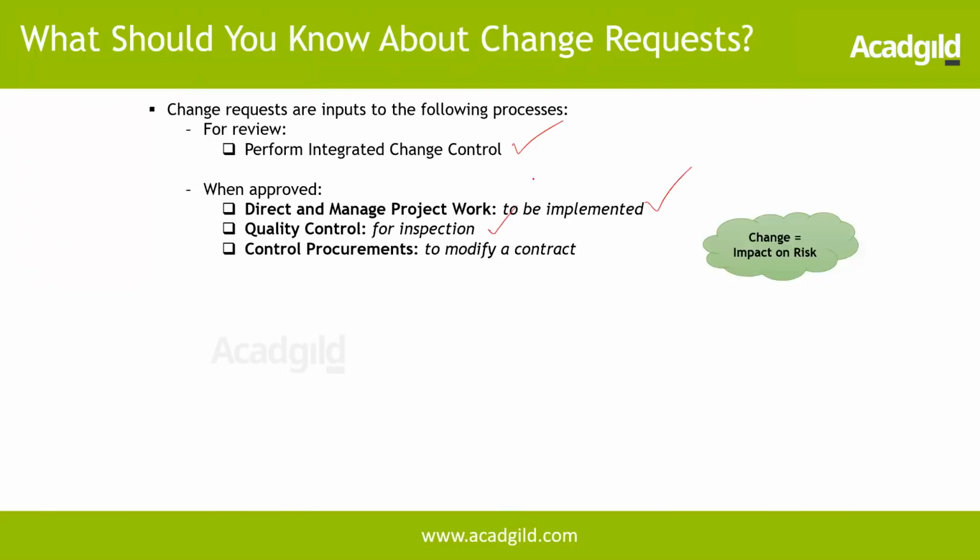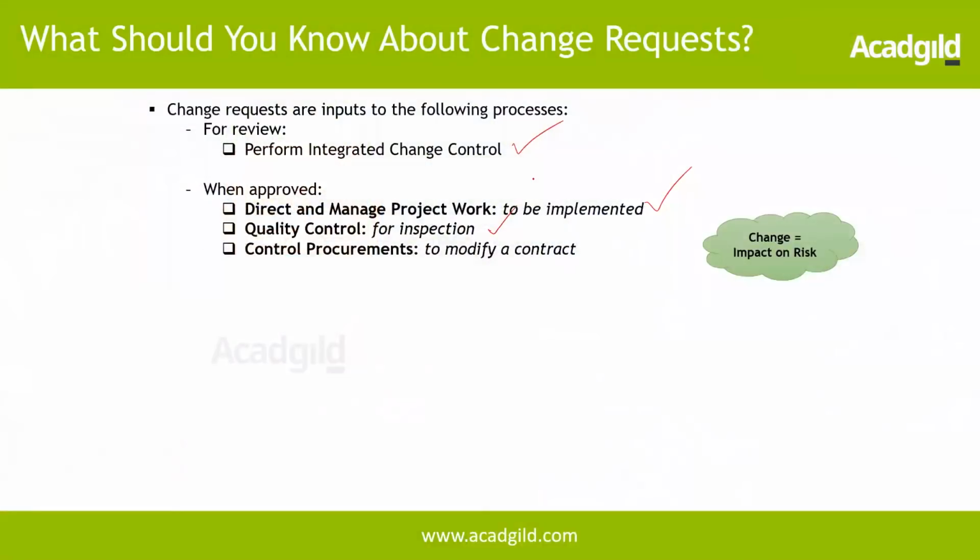Then quality control for inspection, because when the quality is being tested, we need to know what changes were approved. Then control procurements, in case there are changes related to work that has been outsourced to a supplier, then that is a key thing we need to take care of if any contract has to be modified, for example.